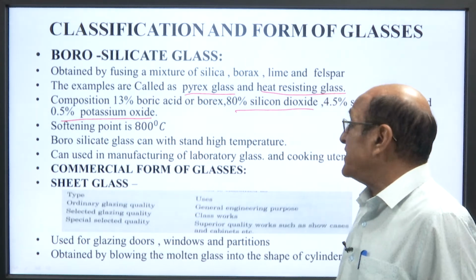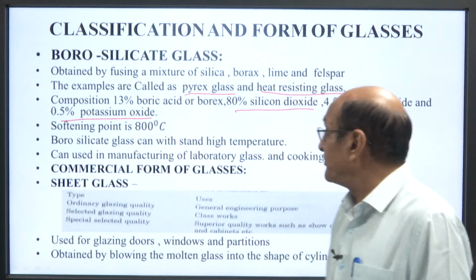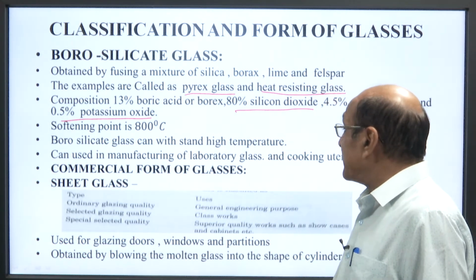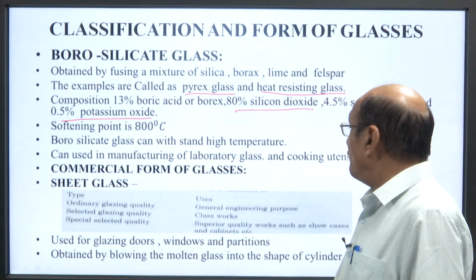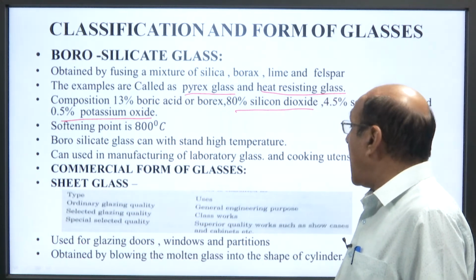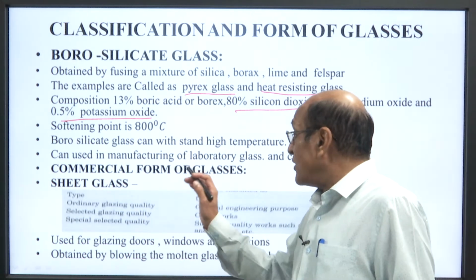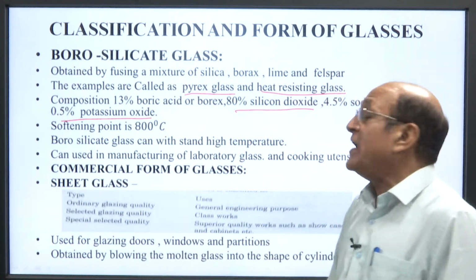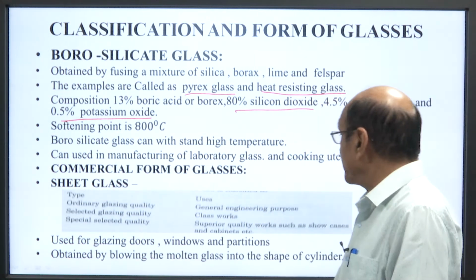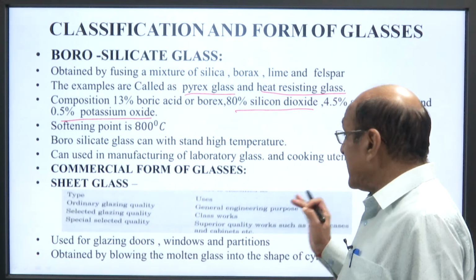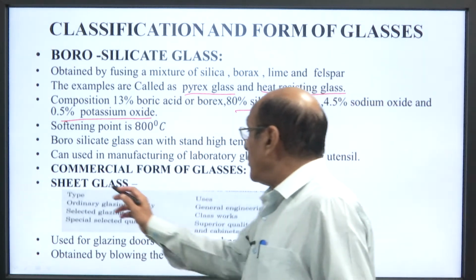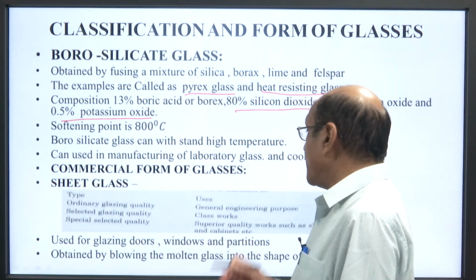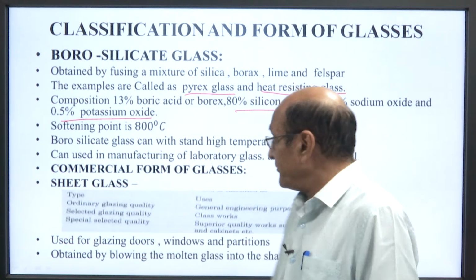The softening point is 800 degree centigrade. Borosilicate glass can withstand high temperature. This can be used in the manufacturing of laboratory glasses and cooking utensils. Now, come to the commercial forms of the glasses that we are using.